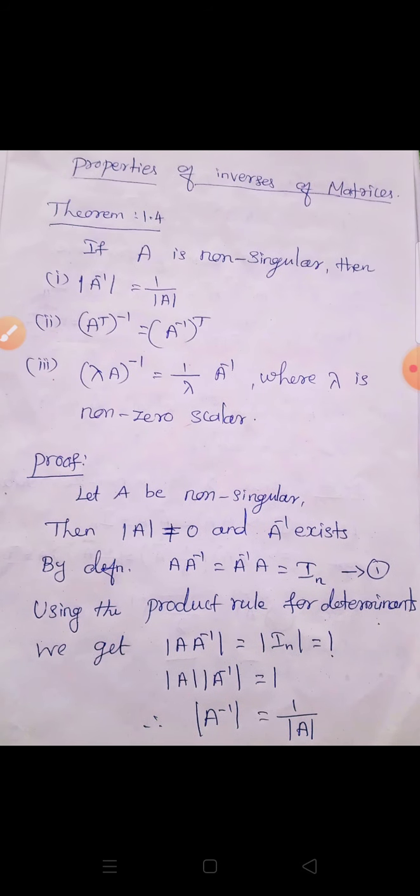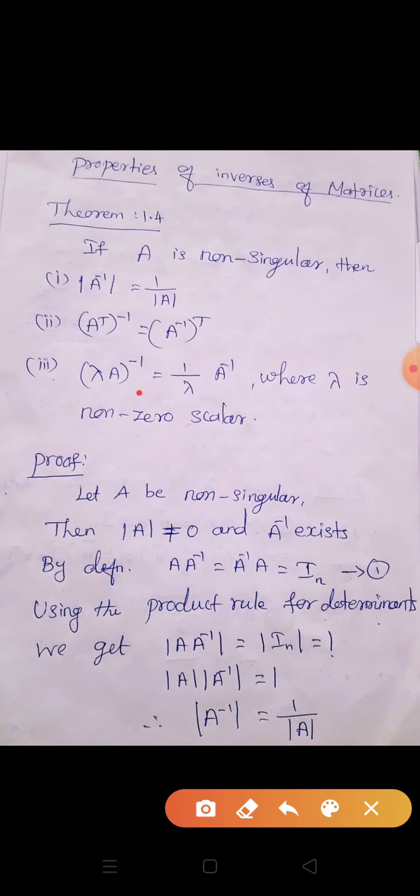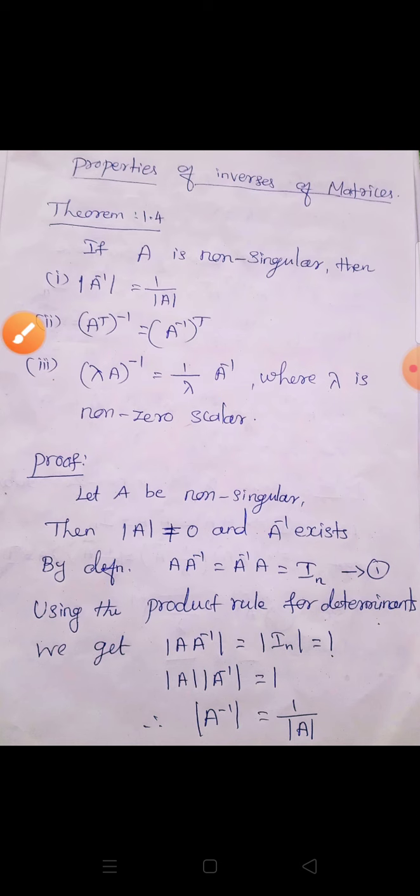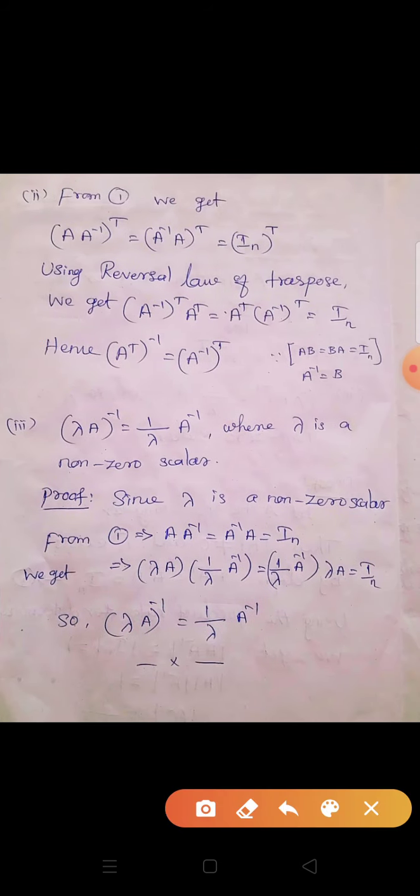Now we are going to prove the third one: lambda A whole inverse is equal to 1 by lambda A inverse, where lambda is a non-zero scalar. Proof: since lambda is a non-zero scalar, this is given. From 1, A into A inverse is equal to A inverse into A is equal to IN.